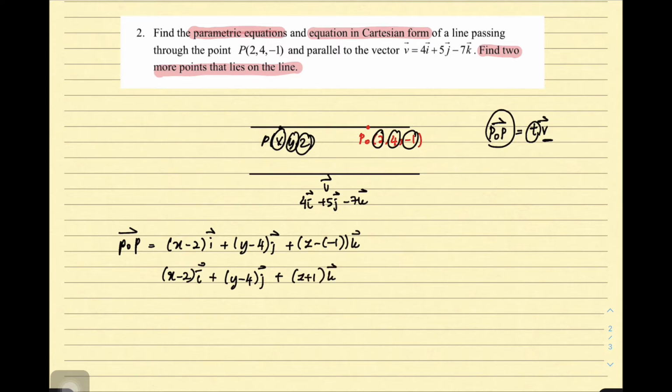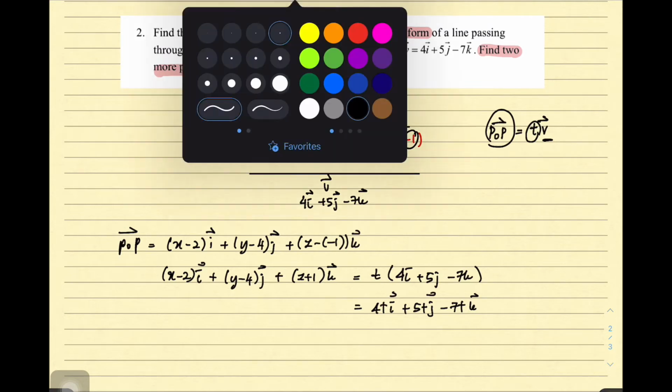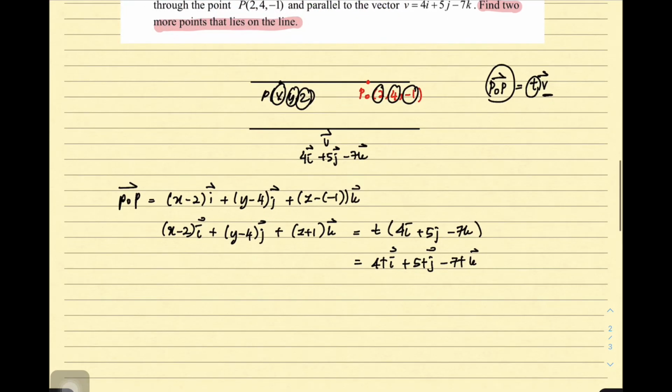Okay, so it will be equal to any scalar T multiplied with the vector V. So vector V is 4I plus 5J minus 7K. So we need to expand this one. So apa yang awak akan dapat adalah 4TI plus 5TJ minus 7TK.